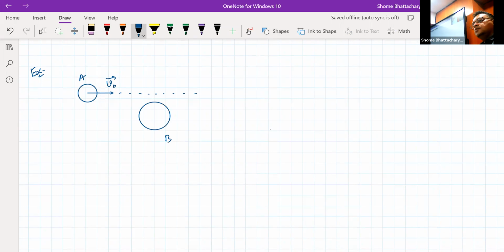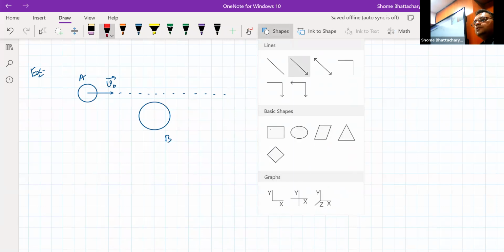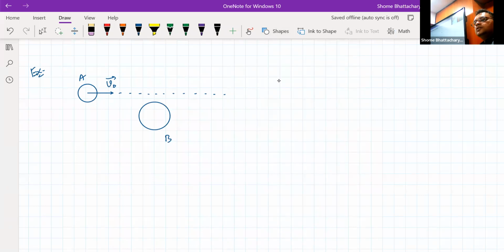So this is the line along which A is moving. Now, one special parameter that we'll define over here is the distance of that line along which A is moving with respect to B's center. We talked about this in the last lecture also, this is called the collision or the impact parameter. Okay, so that quantity is D.